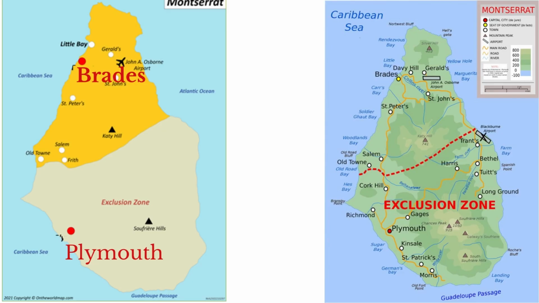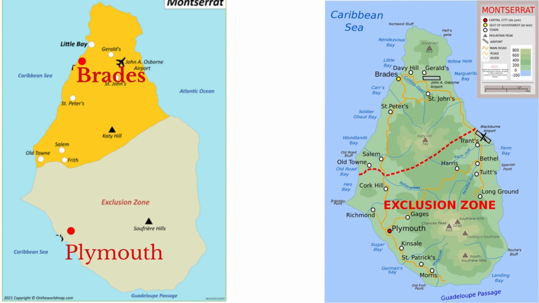Let us examine the maps and try to figure out why Braids might have been chosen as the new administrative center. Notice that, like Plymouth, Braids is also located along the coast, and this would make it easier for trading to take place.